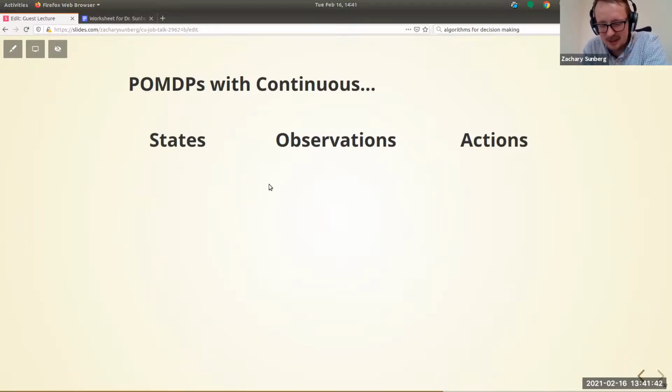And historically, people have only tried to approach POMDPs with discrete states, observations, and actions with these tree search methods. So we already talked about actually this POUCT or POMCP. Those are really names for basically the same thing. That can actually handle continuous states fine. And there's another algorithm called Despot, which is very good and very popular, that can handle continuous states fine.